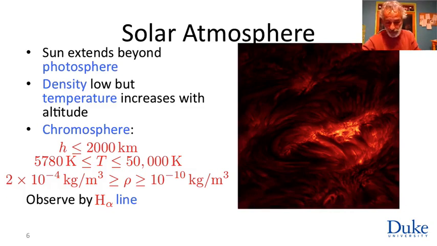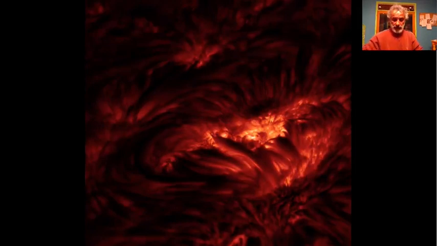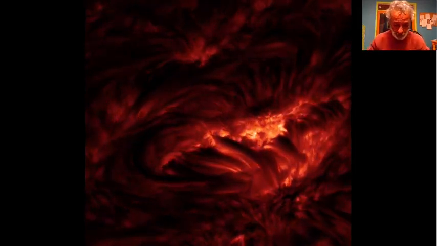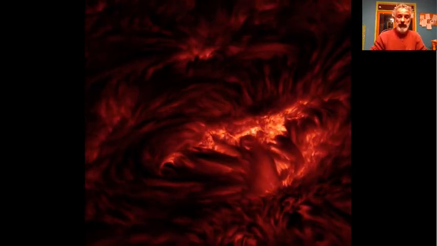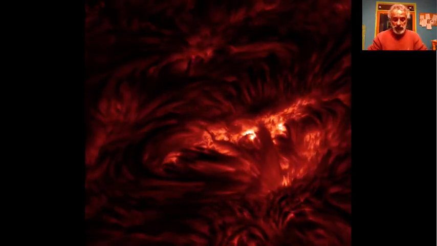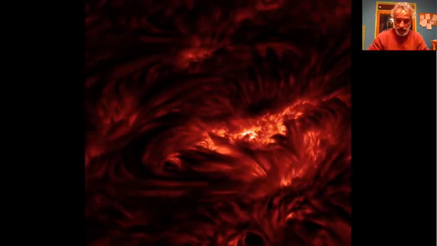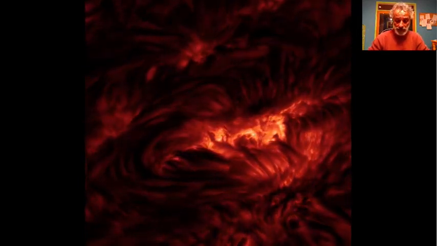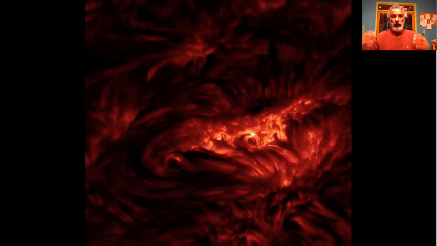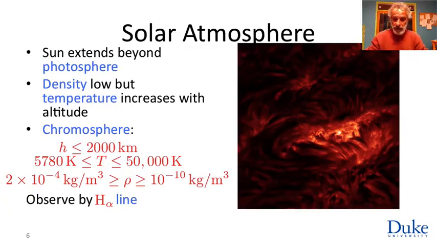When you take pictures of the sun using a filter that allows only that wavelength through, you're essentially taking a picture of the chromosphere, and this movie is indeed such a picture. Those dark finger-like shapes are called spicules. They reach thousands of kilometers up out of the atmosphere of the sun, and their precise dynamics and structure are not well understood. But again, we get this image of the roiling atmosphere of the sun, and we'll see more of that.